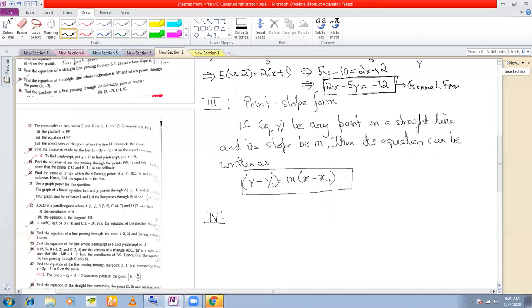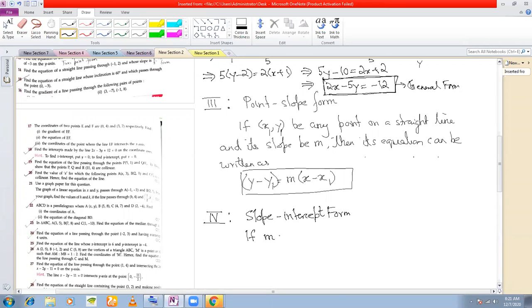Next, the next standard form here is the slope intercept form. What do you mean by slope intercept form?